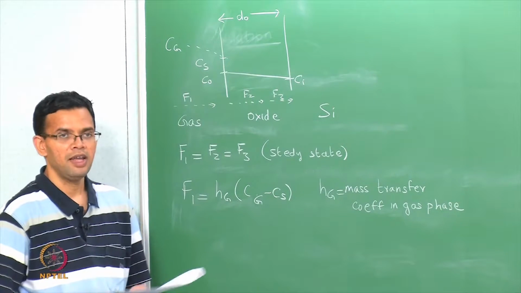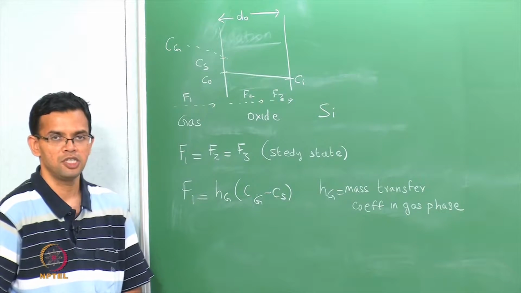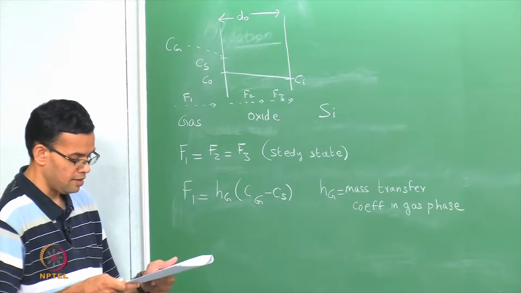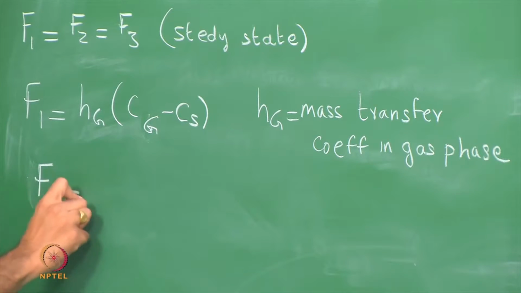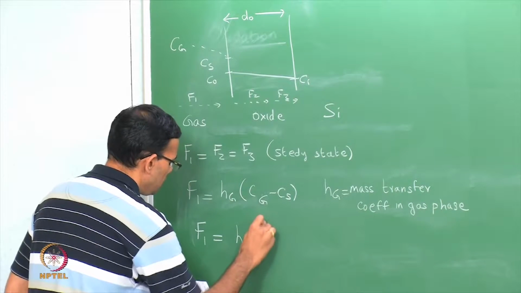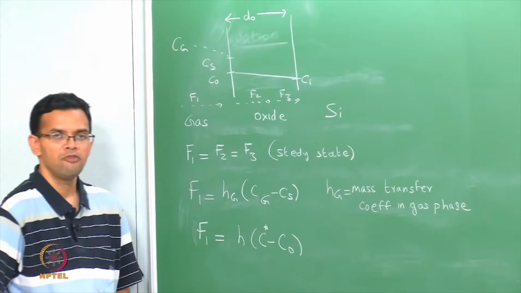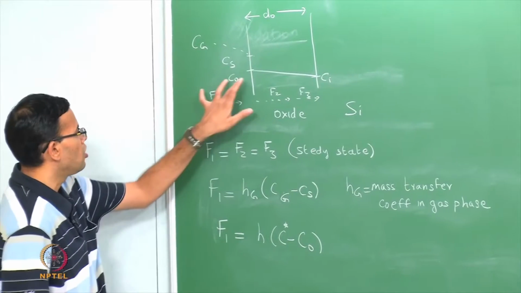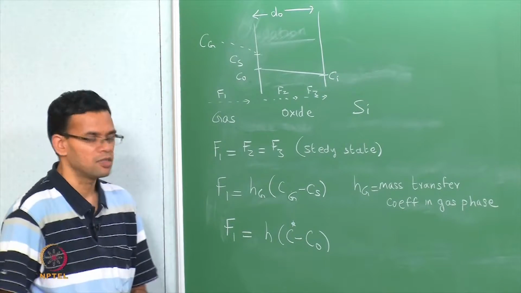So, we can rewrite this in terms of the composition of the diffusing species within the oxide layer, and if we do that, F1 is H times C star minus C naught. C naught we have already seen is the concentration at the interface of the gas oxide layer.